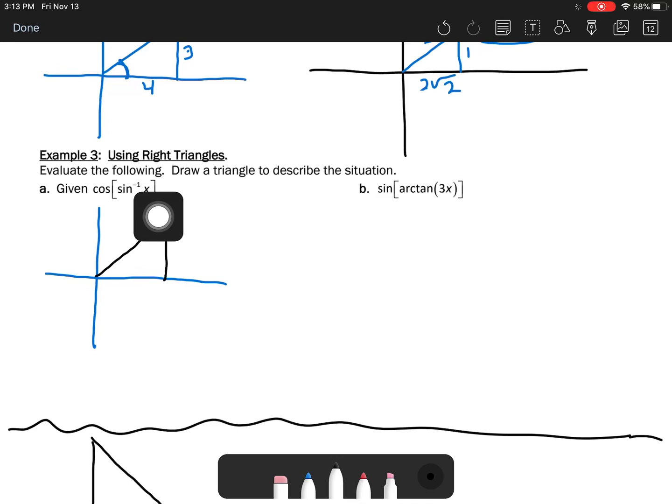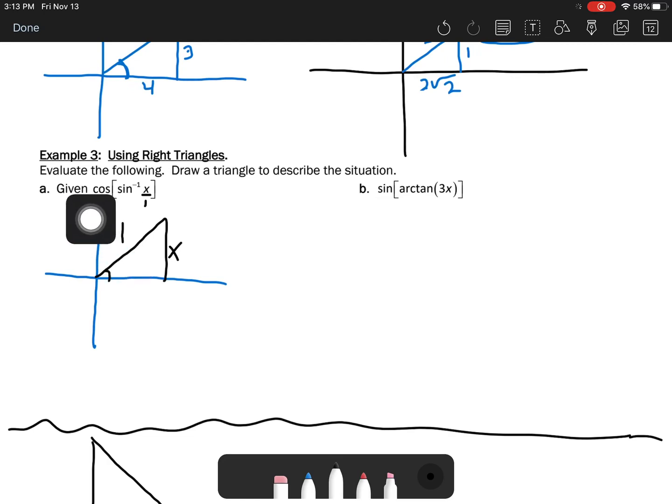Well, what does that mean? We've got some angle here, and if the sine is x, that means the opposite side to the hypotenuse ratio, because remember x is like x over 1, would have to be x and 1, like that. That way, if I'm taking the sine of some angle here, it would be x over 1.